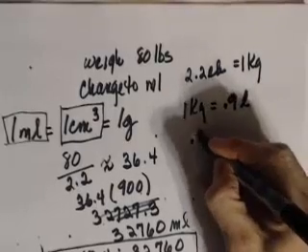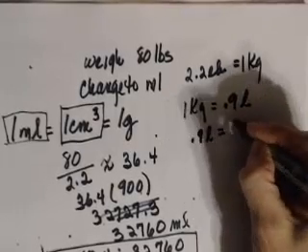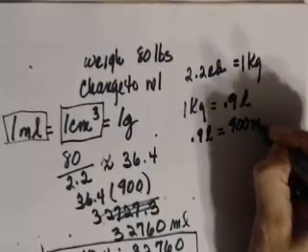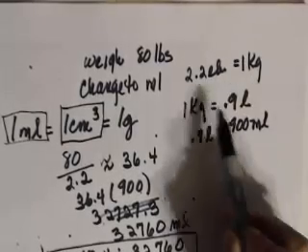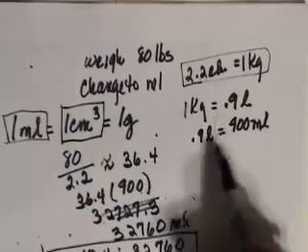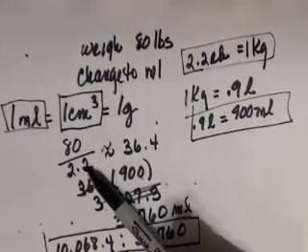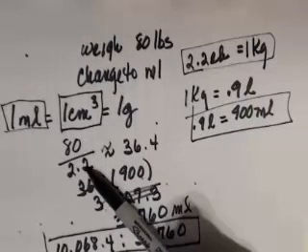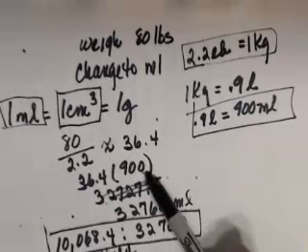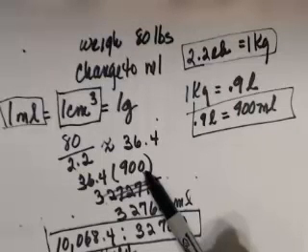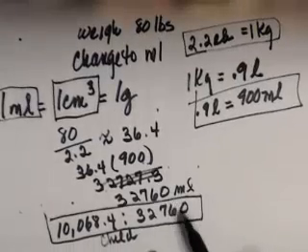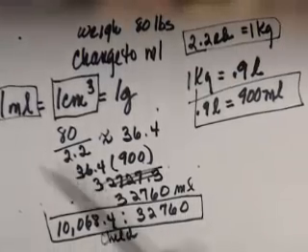And 9/10 liters is 900 milliliters. So that's where the numbers are coming from that I'm using. Dividing by 2 2/10 because that's how many pounds in a kilogram. Multiplying by 900 because that's how many milliliters in a kilogram. And that gives me my volume.